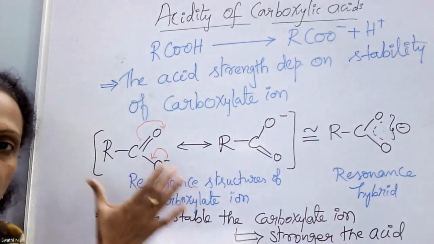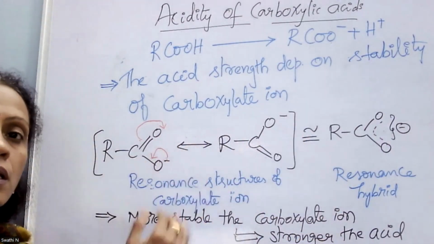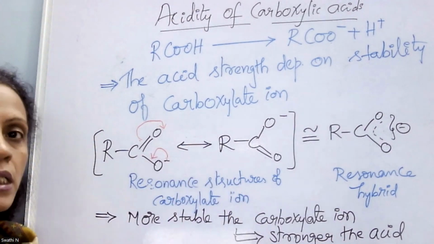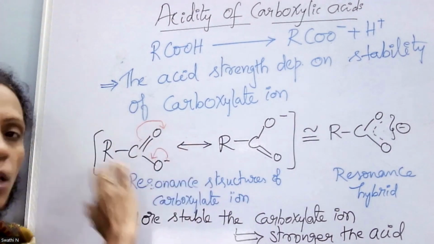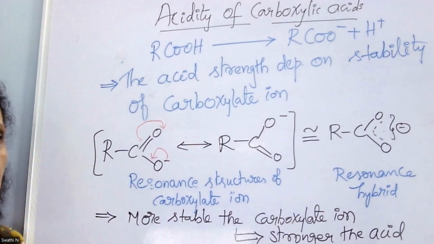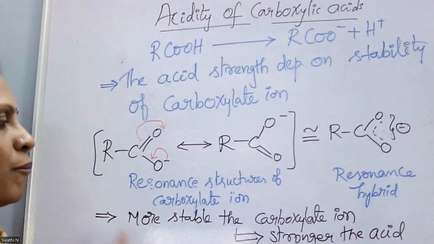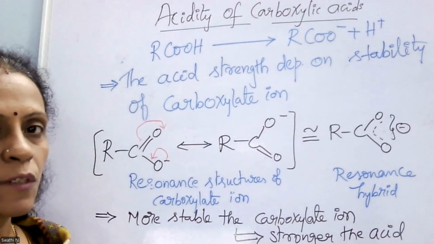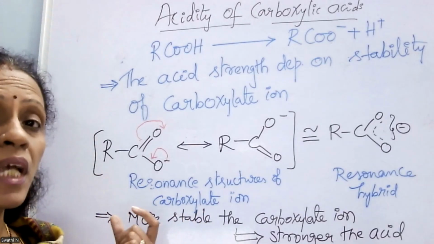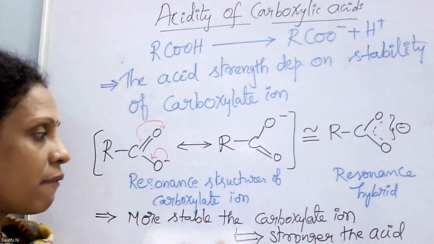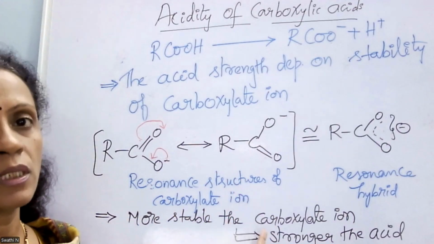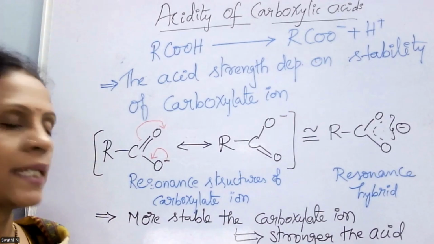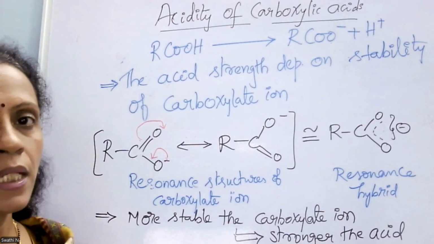It is because of this resonance stabilization that the resulting carboxylate ions are stable, and thus carboxylic acids exhibit acidic property. So the stability of the carboxylate ion is important. Among various carboxylic acids, the one that generates a highly stable carboxylate ion will be strongly acidic in nature.